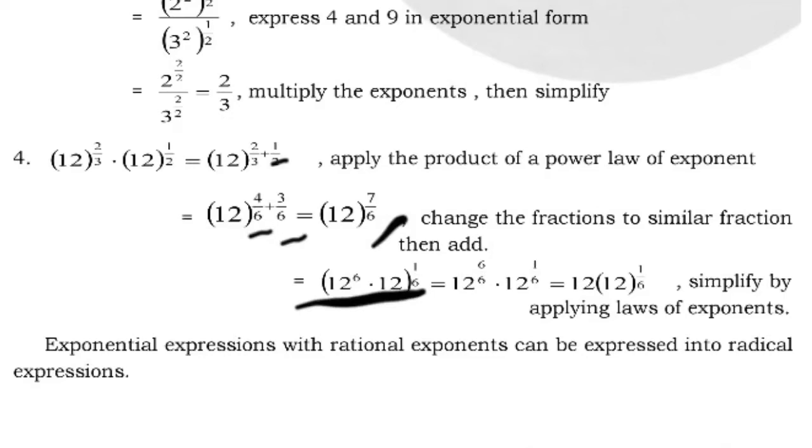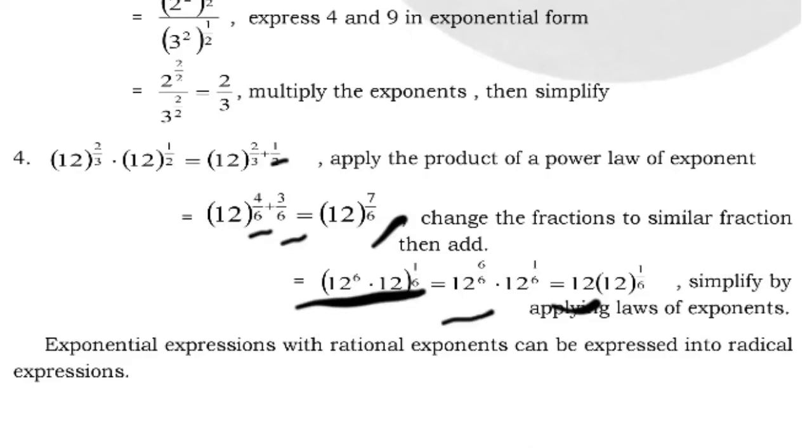Multiplying 12 to the power of 6 raised to the power of 1 over 6 gives 12 raised to the power of 6 over 6. Then 6 divided by 6 is 1, so the first is 12 to the power of 1, which is 12. Then 12 times 12 raised to the power of 1 over 6.